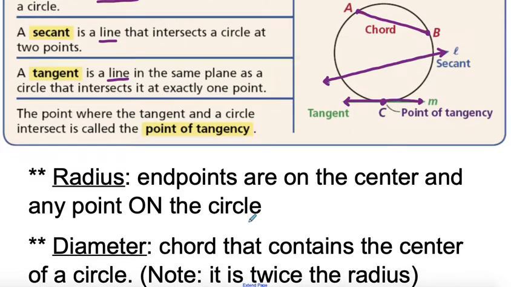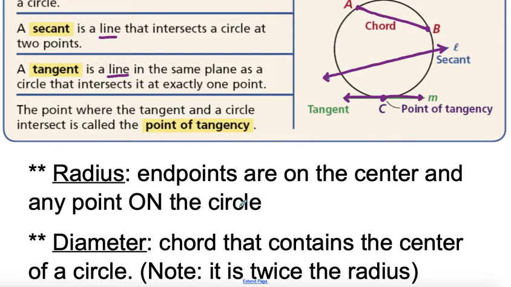And then two other definitions that you should remember. One, the radius. That is that the endpoints are on the center and any point on the circle. So let's say this is my center. Let's say, I'll do a different color.